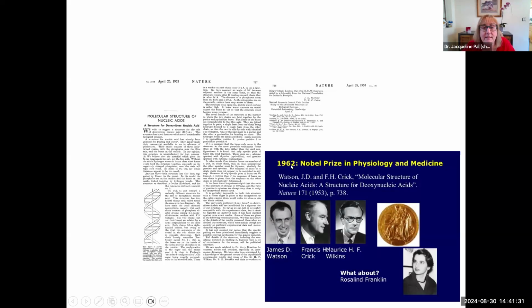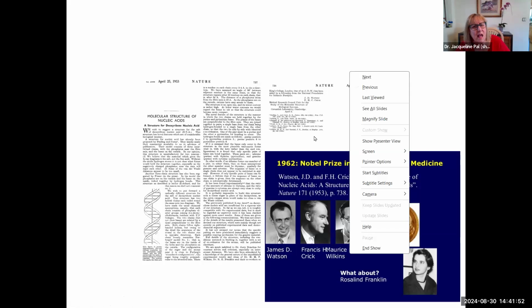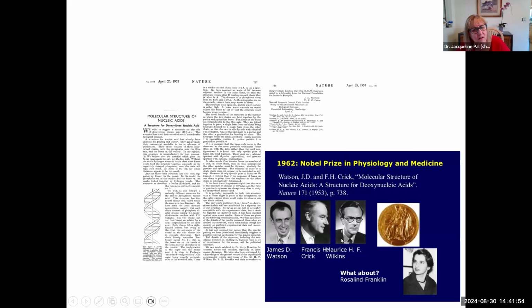Well, in 1962, the Nobel Prize in Physiology and Medicine was given to Watson and Crick for this article on this page, given to James Watson, author, given to Francis Crick, author, given to Maurice Wilkins, whose lab Rosalind Franklin was using to do the pictures that Watson and Crick used to base their model on.